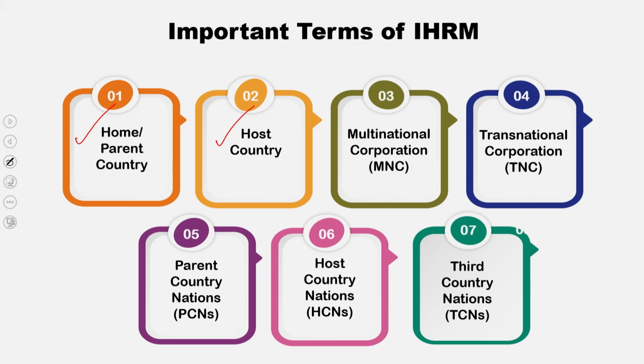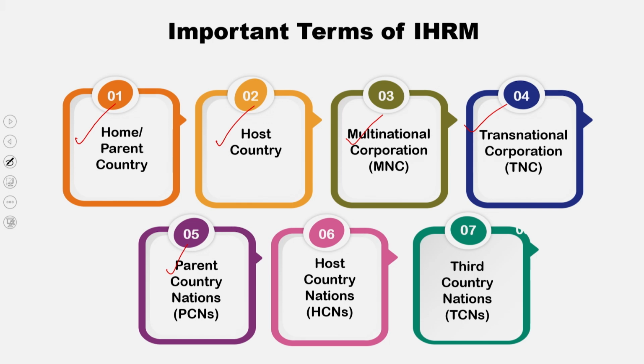Then you have the MNCs, multinational corporations or organizations that operate in multiple countries other than their home country. Similarly, transnational corporations are organizations that produce, trade, fund and operate worldwide. That's the difference between MNC and TNC. Then you have the parent country nationals. When you are looking into home country nationals, they are residents of the MNC's or TNC's home country, parent country.